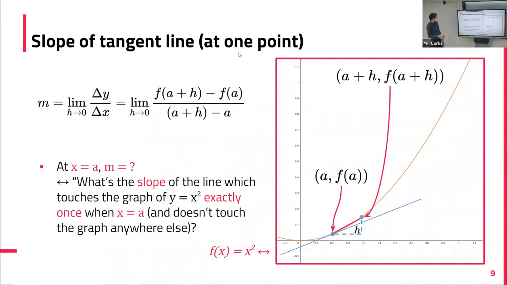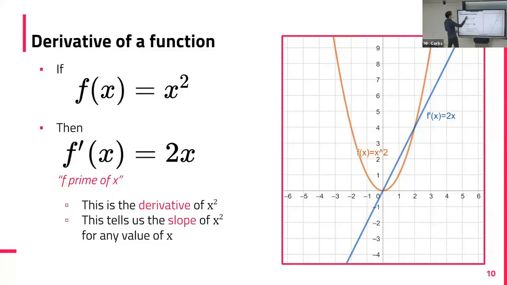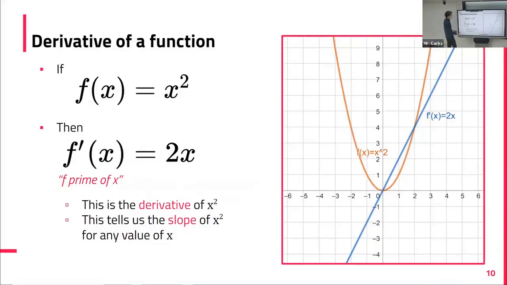All right, and we did all of this for this function, x squared, and we got this result. We did our long version of the derivative, and we discovered that if our original function is y equals x squared, then our derivative function, which we write like this and read as f prime of x, or y prime, equals 2x in this case.